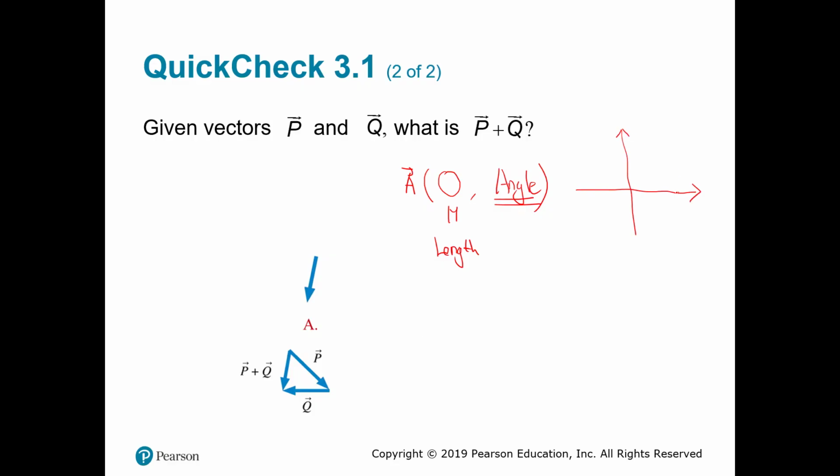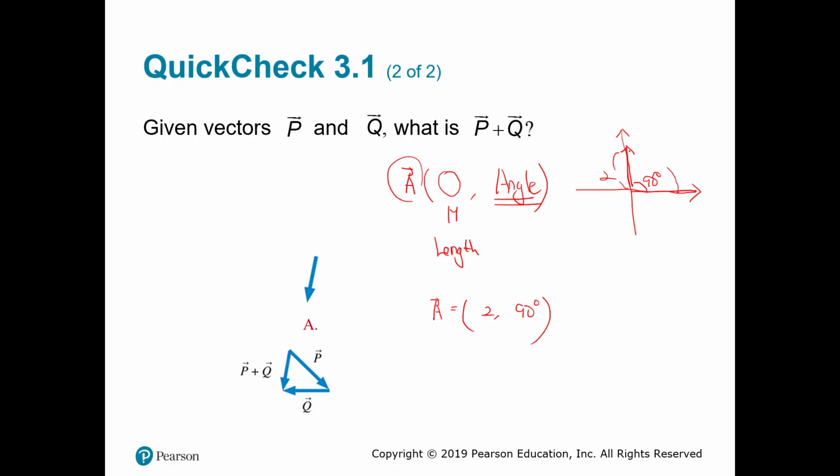So you measure the angle from here. Assuming your a vector is this, for example, and the magnitude is 2, the length of the line is 2, then you measure the angle from here, which is 90 degrees. So in other words, your a vector for this case is 2, 90 degrees. That's a vector.